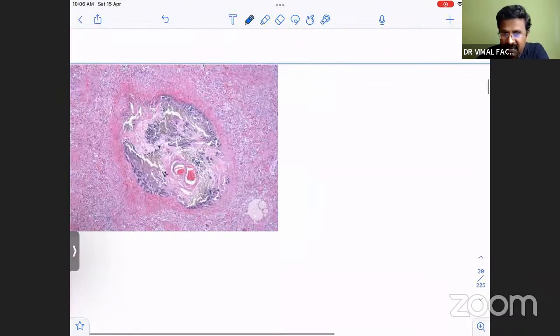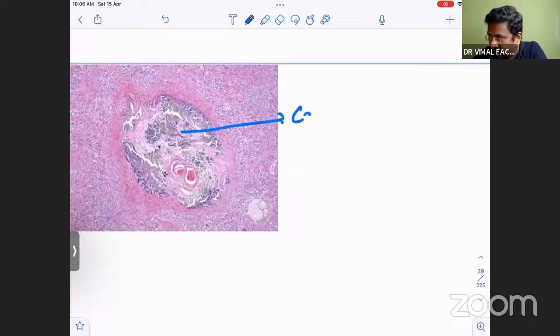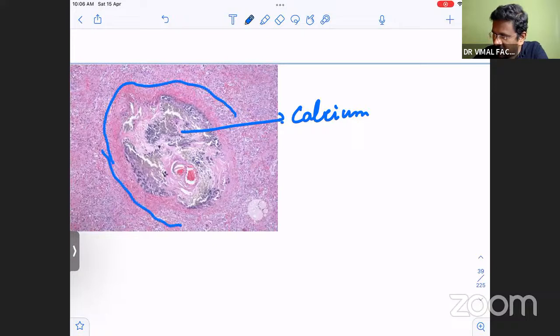And if I say that this is a source of calcium, like I usually insist, if in a histopathology you see a lot of bluish material, you can first think of calcium. See, this is calcium, and there is congestion occurring here. So this is a case of a spleen.